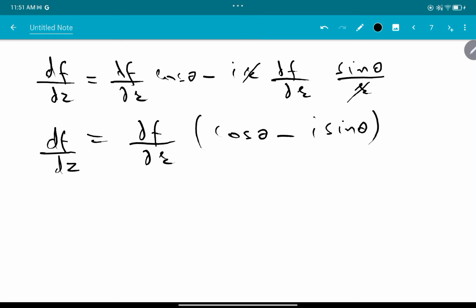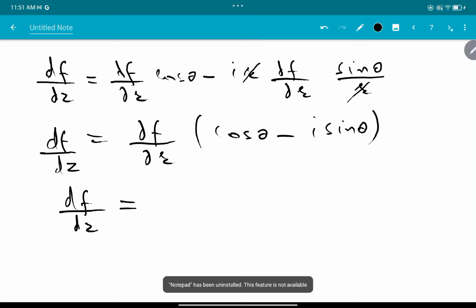So another choice, an alternative method, is to use this del f by del z. That I will leave to you. You will do it yourself. That's quite easy.